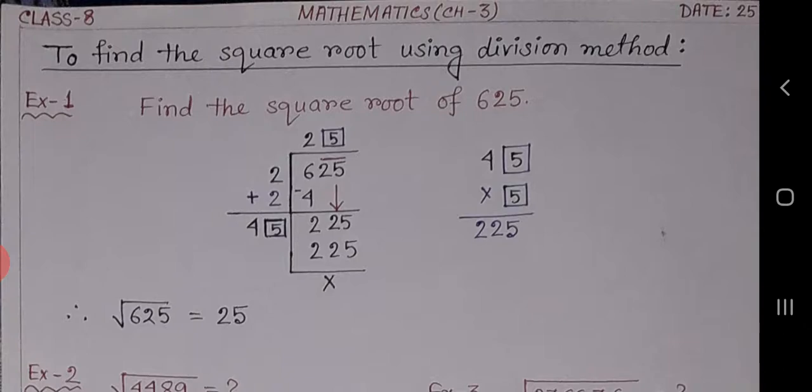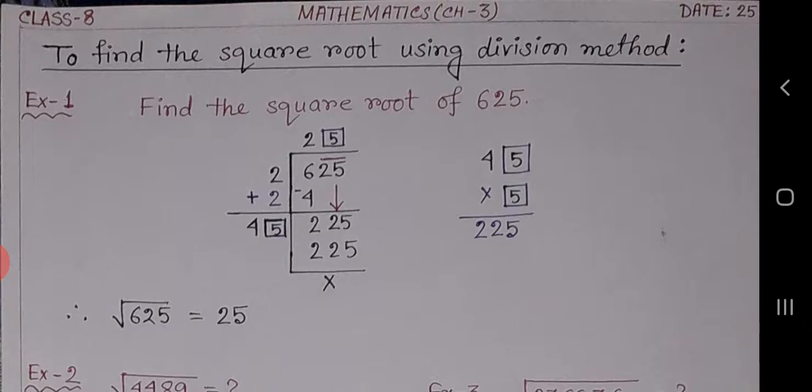Now we have to find the largest whole number whose square is equal to or lower than the first number. Here the first number is 6 and the perfect square less than 6 is 4. That means 2 twos are 4. We shall write 2 on the left and above both, and then the product 4 will be right below the 6.